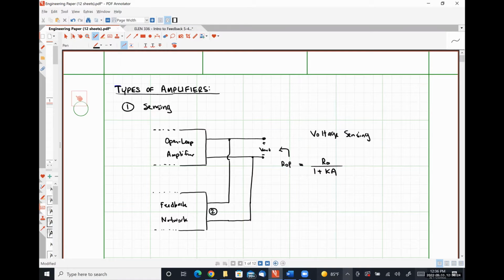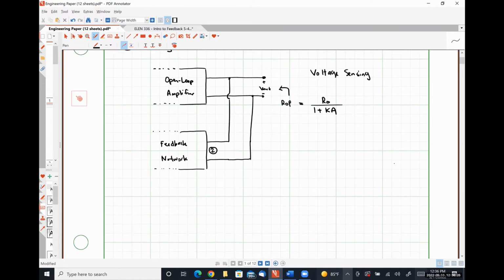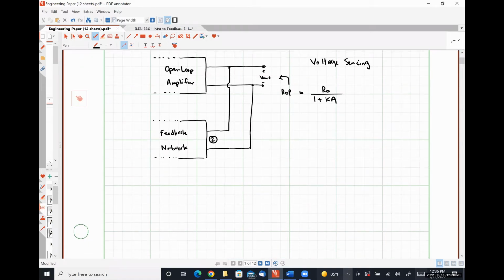Okay. Our other option for sensing is to connect our network in series. So let me try to draw this again real quick. Here's our open loop amplifier.